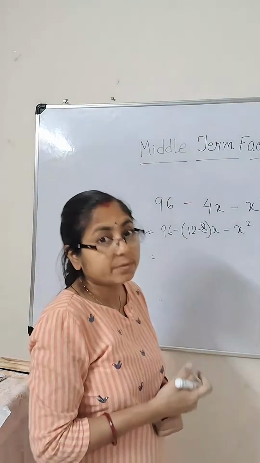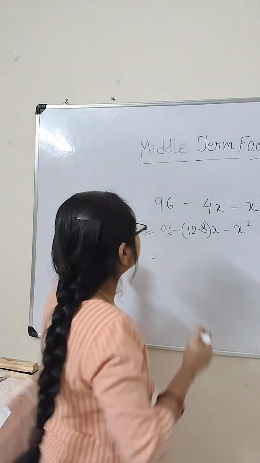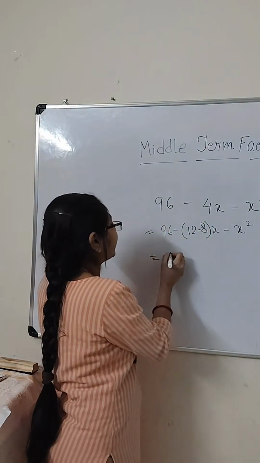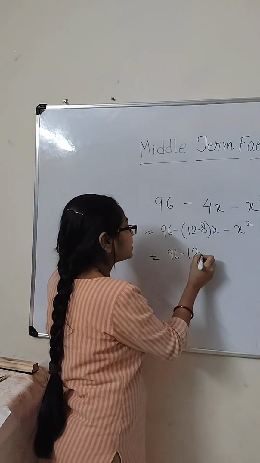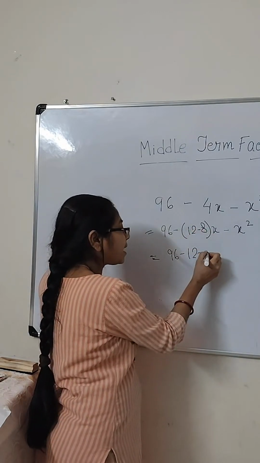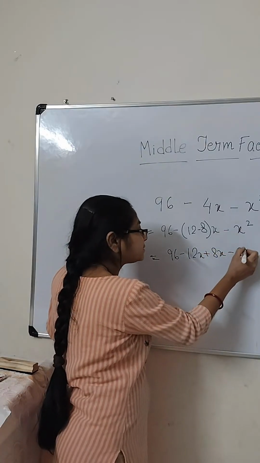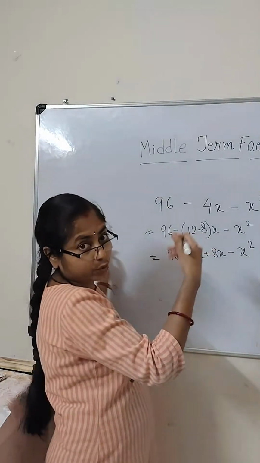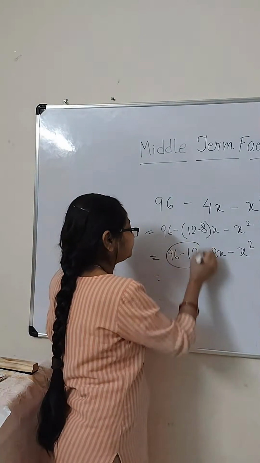Why do I do it with minus? Because in front there is a minus sign, so I did it by minus. Remove the bracket. 96 minus 12x minus minus plus 8x minus x square. I remove the bracket. Then what am I doing? I take the common.